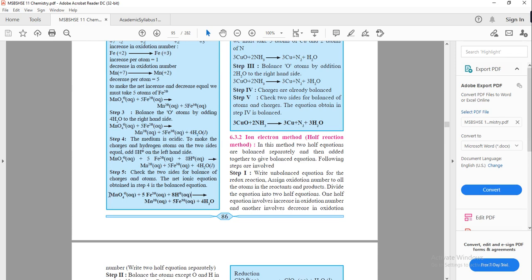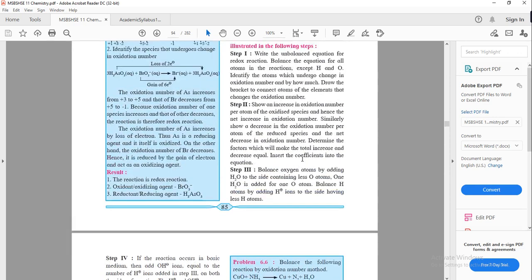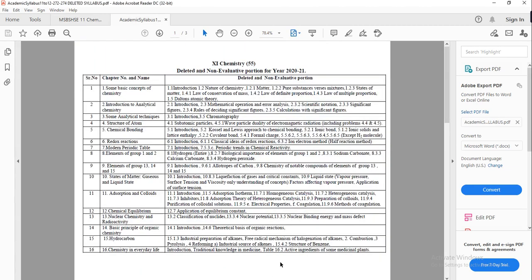So this is the method for balancing redox reactions, and this method is the oxidation number method. The next is the half reaction method, which is deleted from your syllabus. Section 6.3.2, the ion electron method or half reaction method, is not in your syllabus.